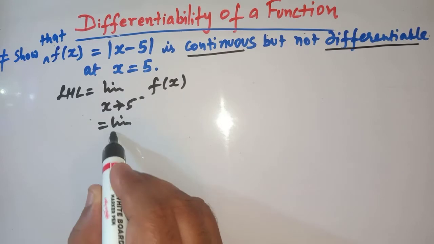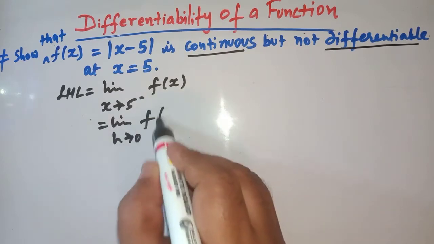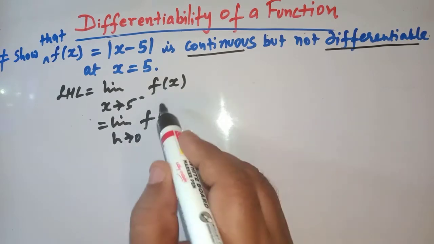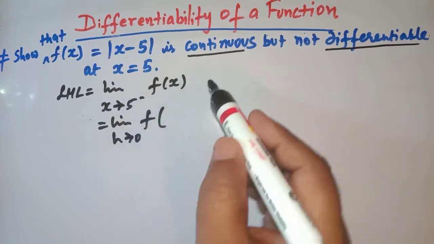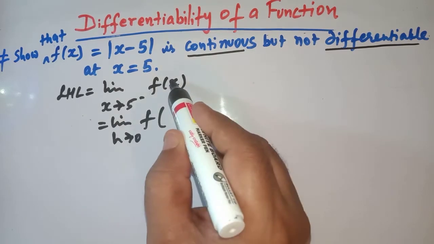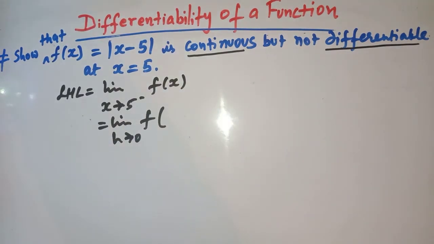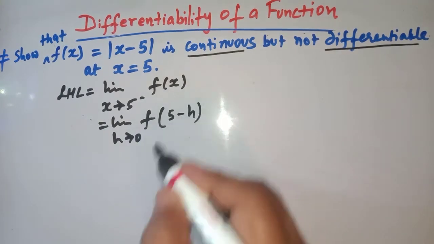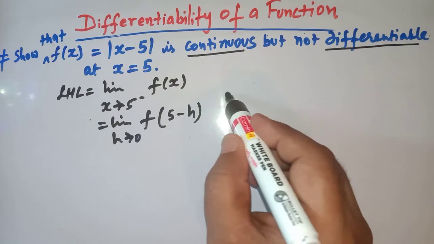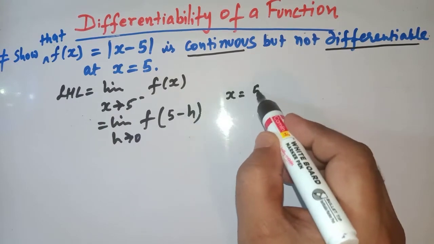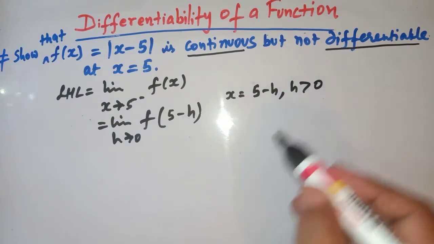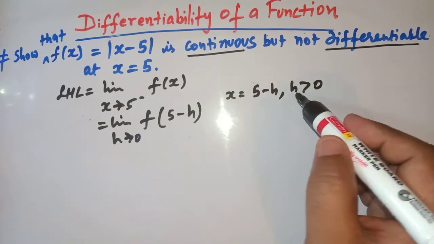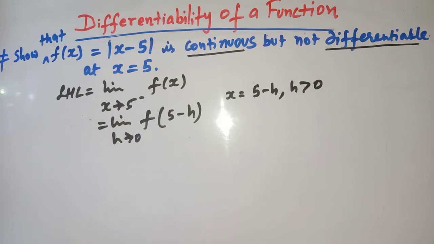So we have limit h tends to 0 of f of, here we have x is equal to a minus h. Clear? So here we can write 5 minus h. Here we have substituted x is equal to 5 minus h, where h is greater than 0 and h is positive and infinitesimally very small.